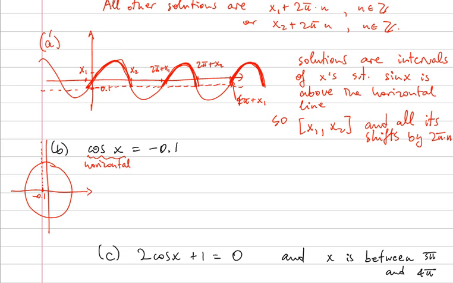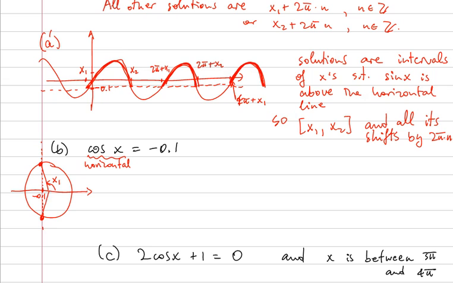I draw the vertical line. I find the two solutions where cos x is negative 0.1. And to find the exact angle, I'll use arc cos. This is going to be my first angle, x1, and the other one is then going to be just the negative of x1.